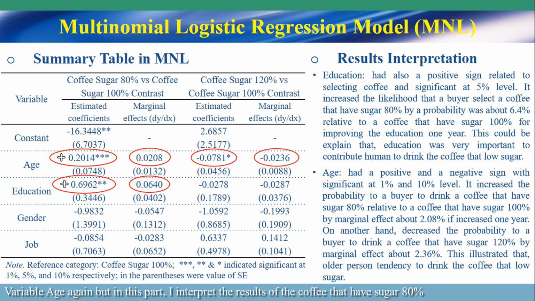Variable age again, but in this part I interpret the result of the coffee that has sugar 80% compared with the coffee that has sugar 100%, and 120% compared with 100%, together.